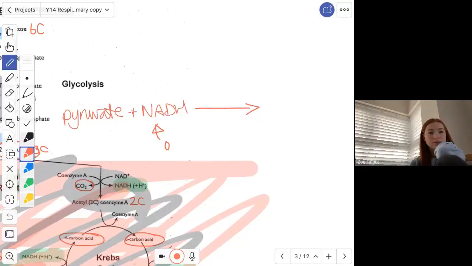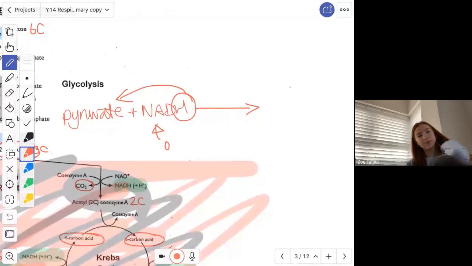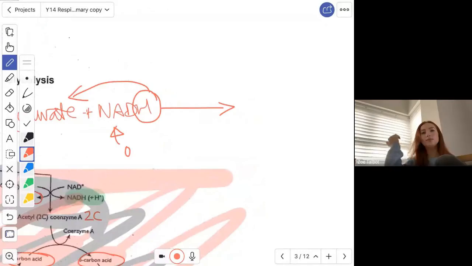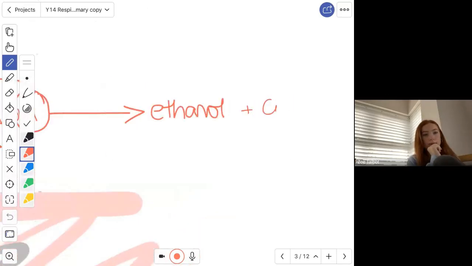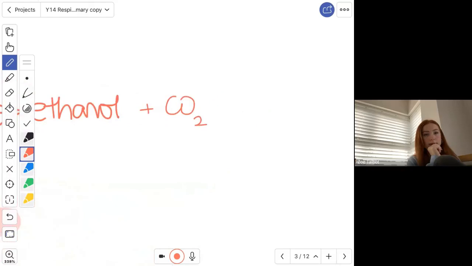So basically what we want to do is move that hydrogen and add it onto the pyruvate. And that is actually what happens. Those two react and the NADH reduces the pyruvate to make ethanol. A molecule of carbon dioxide is made in the process, and if the NAD loses its hydrogen, it's oxidized.